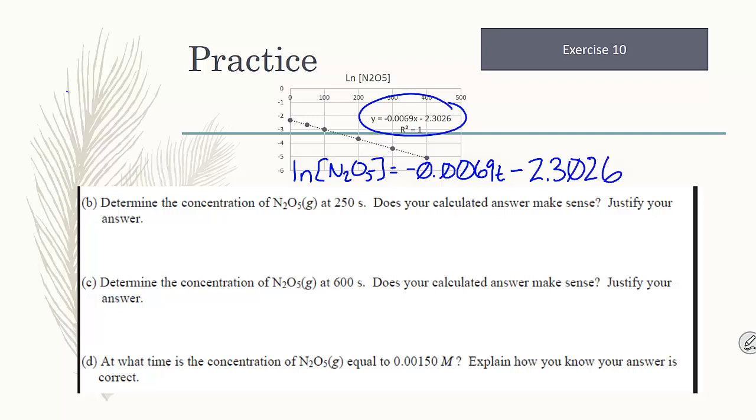So if we keep that in mind, we can answer all these questions just doing simple algebra. Determine the concentration. So we now want to know, determine this value at 250 seconds. So 250 is the value of x, our unit of time, and we're going to determine the concentration.